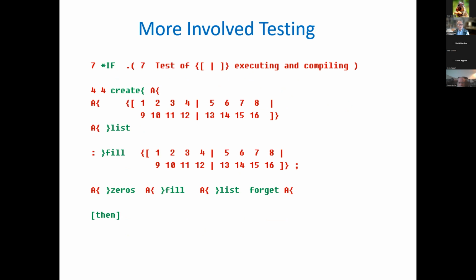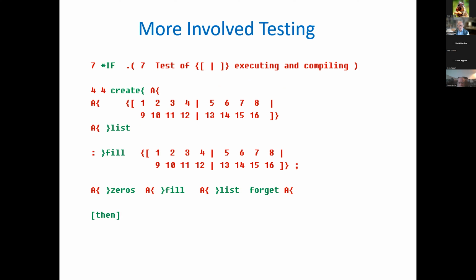There's a little more involved testing. This test 7 looks at the execution of creating a series of literal values, loading a matrix of literal values. So the 4 create bracket, A bracket creates a matrix on the following 2 lines of code, loads it with 4 by 4 values.